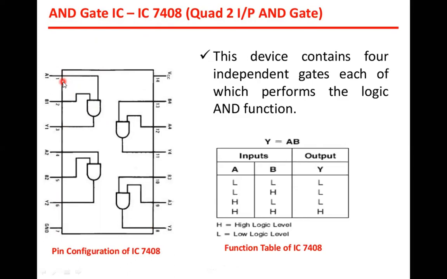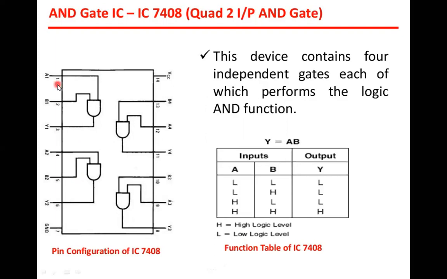Now this is how the labels are done. This is pin number 1, 2, 3, 4, 5, 6, 7, and opposite to 7 will be 8, then 9, 10, 11, 12, 13, 14. So this is a 14 pin IC called 7408, which has 4 independent AND gates. Got it?